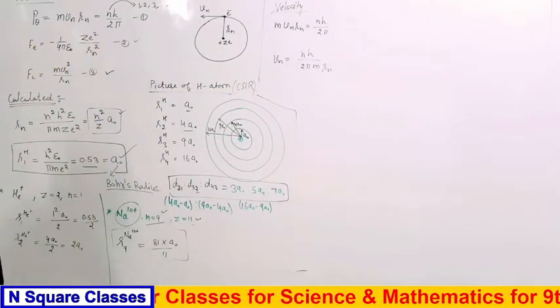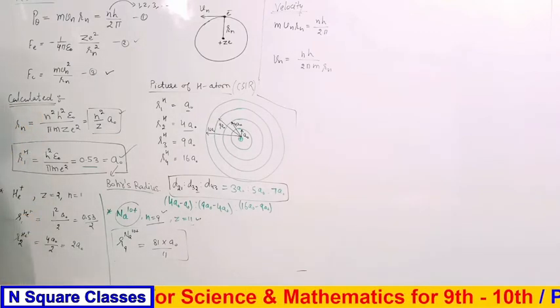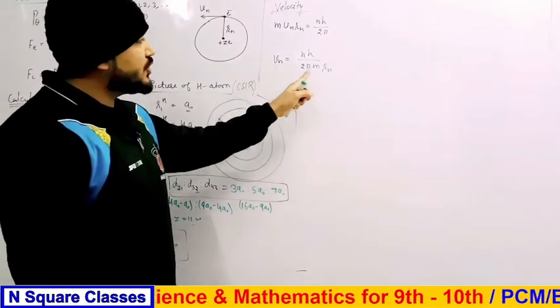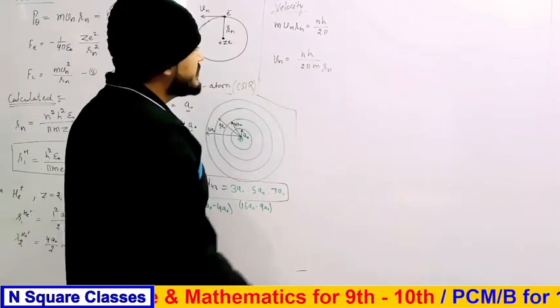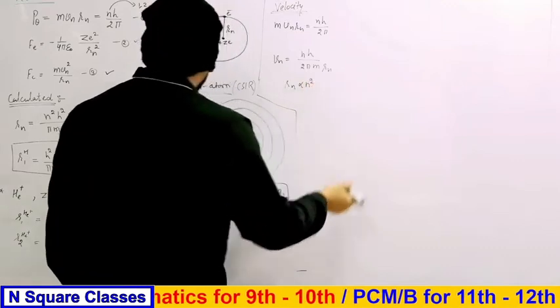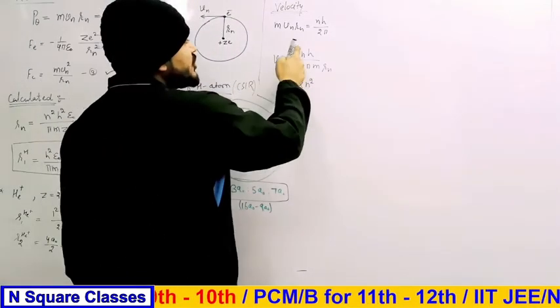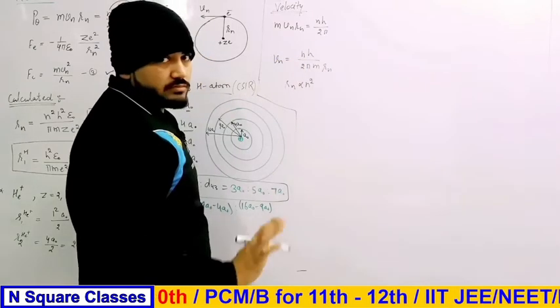From here, it is clear that this Rn is proportional to n square. Clear or not? And this Vn is proportional to n upon n square. Now, is it fine or not?